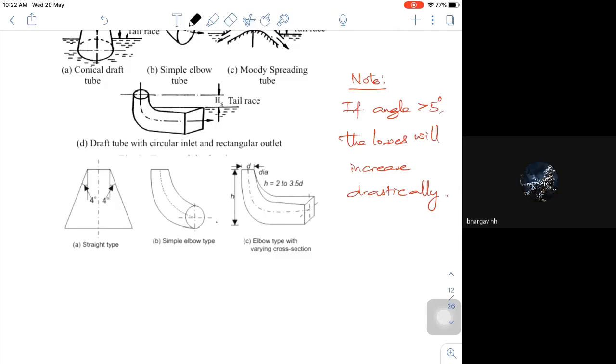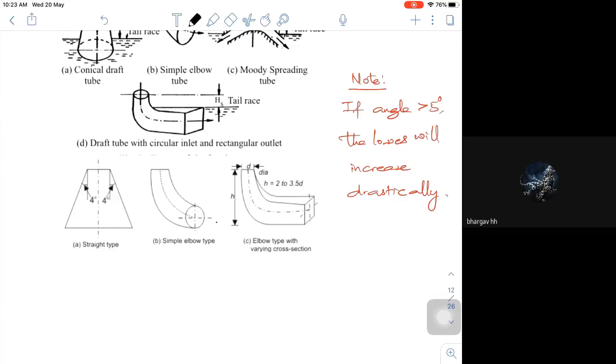We call it the angle of divergence, and it should not be too much. A design point is roughly around 2 to 4 degrees, or 3 degrees. Most draft tubes come with around 3 or 4 degrees. If it is more than 5 degrees, my kinetic energy recovery won't be that effective. To improve the effectiveness of kinetic energy recovery, we go for a draft tube with smaller angles.